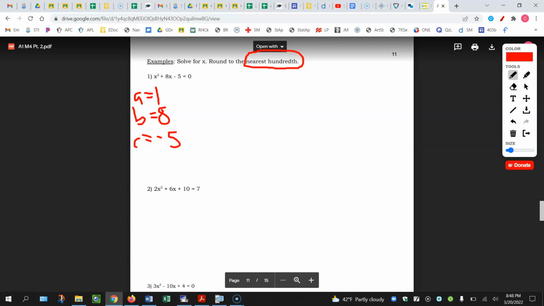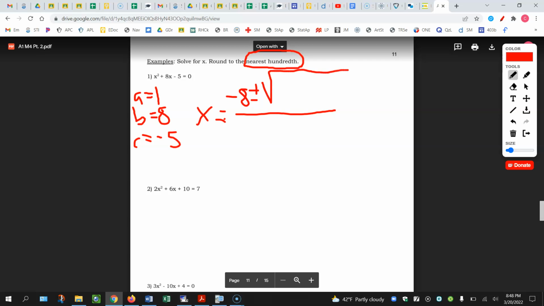At this point, I'm going to substitute these values into the quadratic formula. x equals. All right, we're going to start with the opposite of b, which is going to be negative 8, plus or minus. That's a symbol we haven't seen before. All that means is we're going to have two solutions. One is going to involve addition, one's going to involve subtraction.